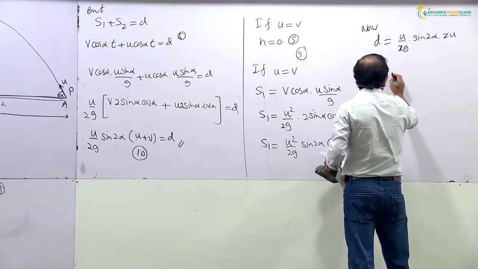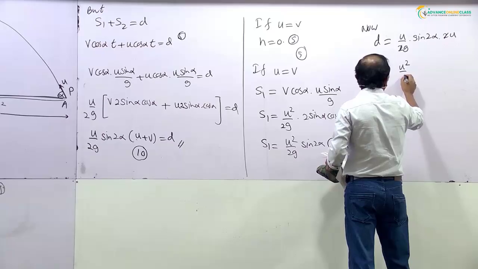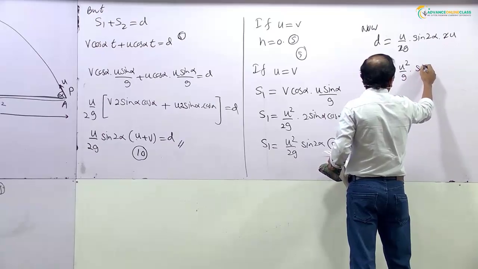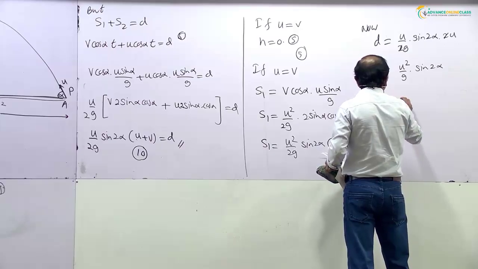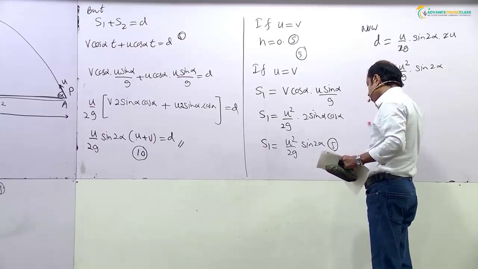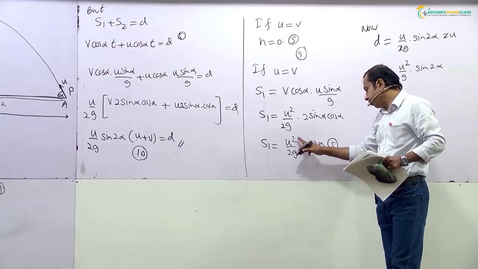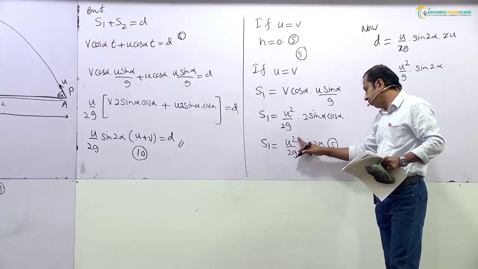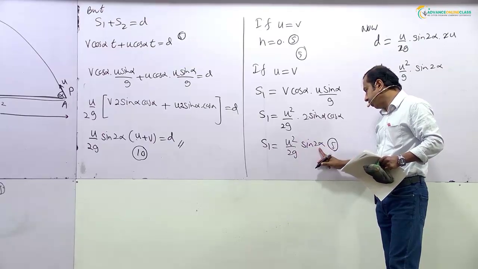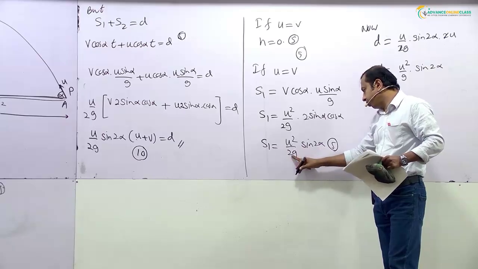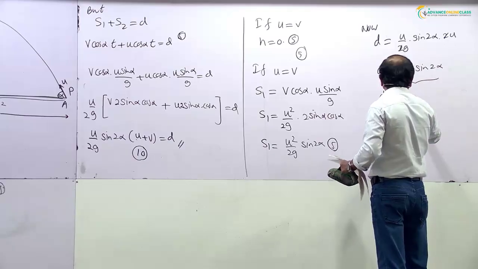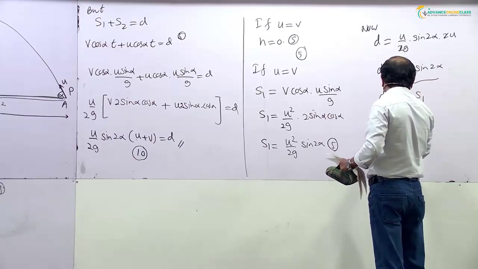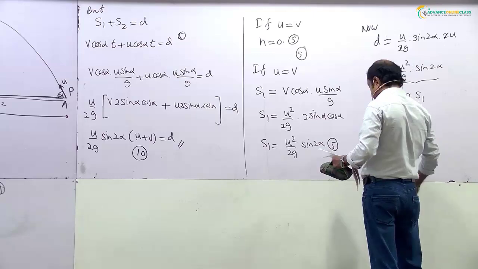D equals what? U squared over G sine 2 alpha. But you can write here U squared over G sine 2 alpha is 2 S1, right? This is nothing but 2 S1. That says S1 equals D by 2.